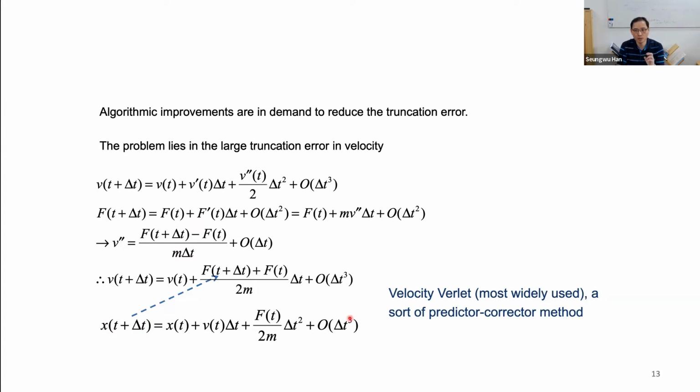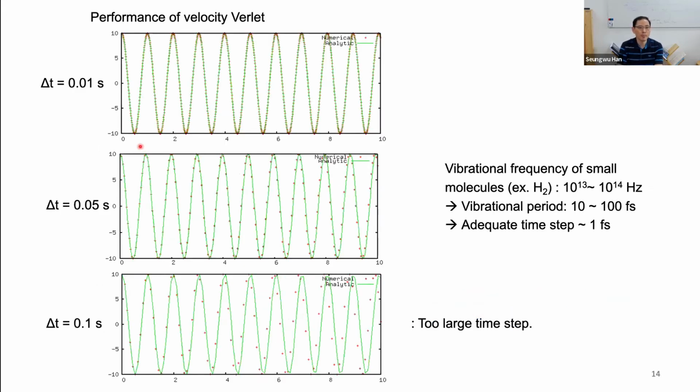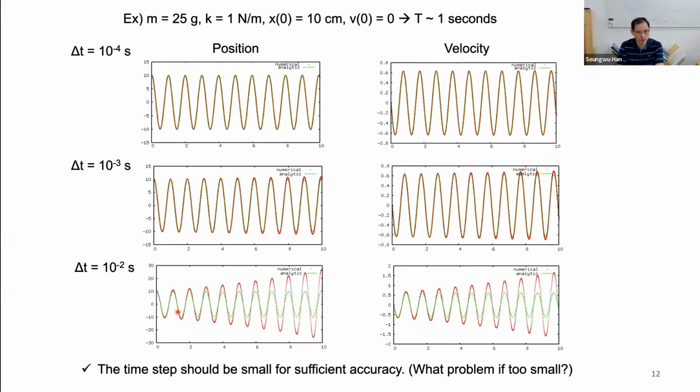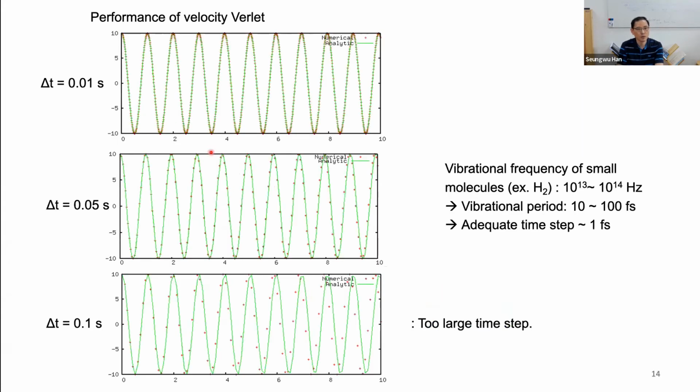So this is the most famous so-called velocity Verlet method, and this is a sort of predictor-corrector method. Using this velocity Verlet algorithm with the same time step delta t of 0.01 second, which gave a huge error in the naive method, the result is almost identical to the analytic solution.